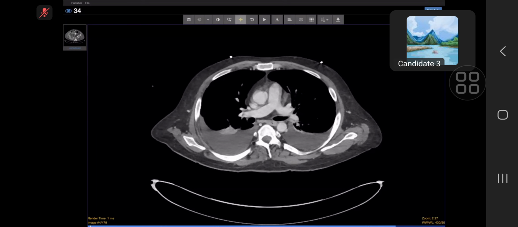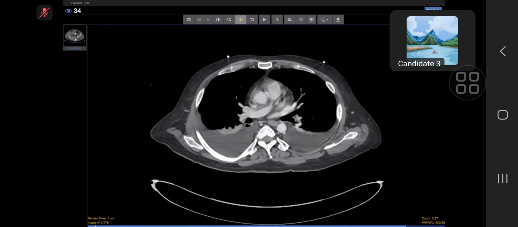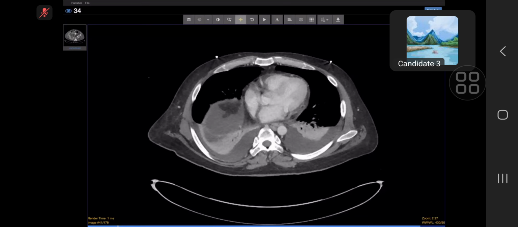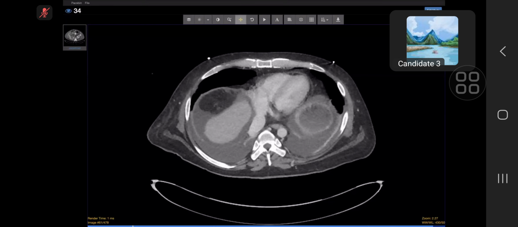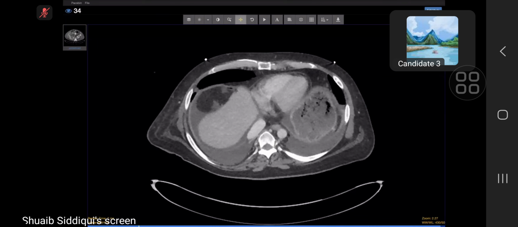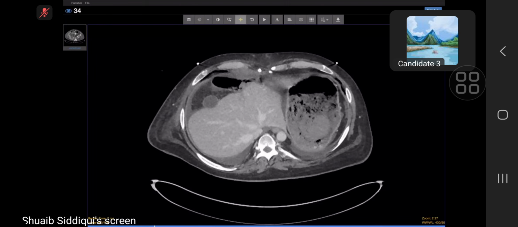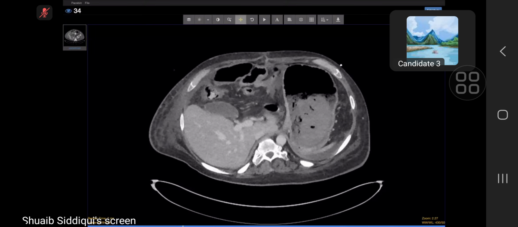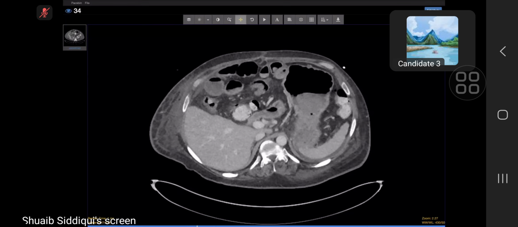Okay. I'm presented with axial CT chest and abdomen images of a patient. I would like to take a moment to scroll through the images. Then I would like to start commenting.